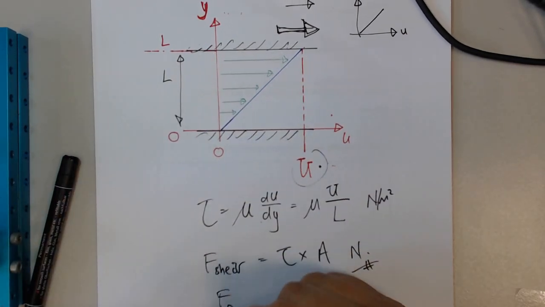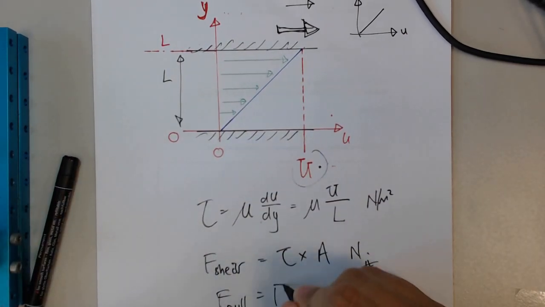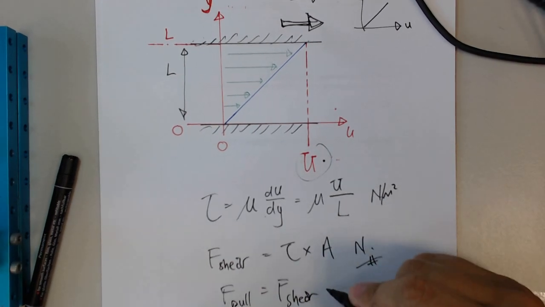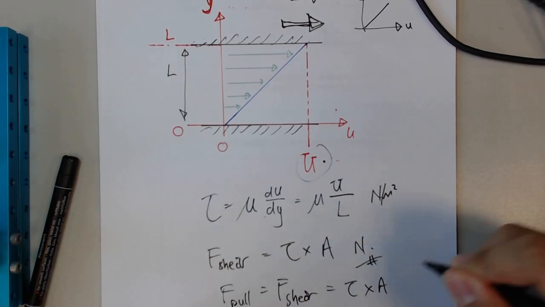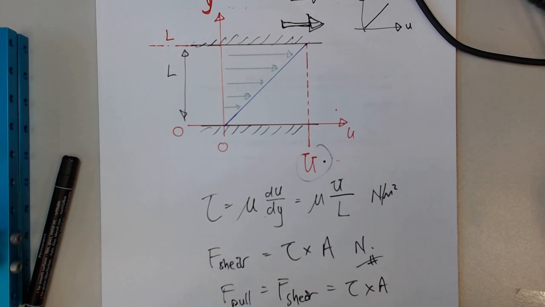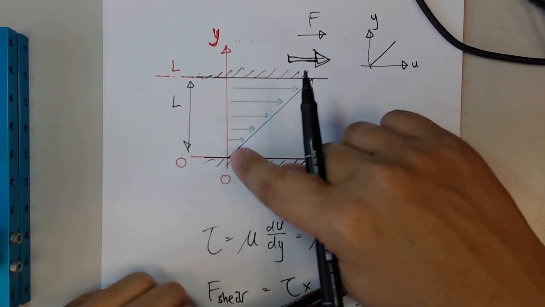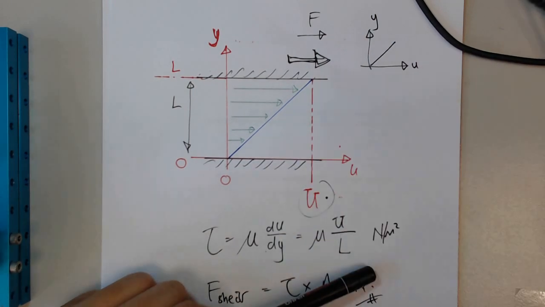So you can say that the pulling force is equal to the shear force, which is equal to tau multiplied by area.